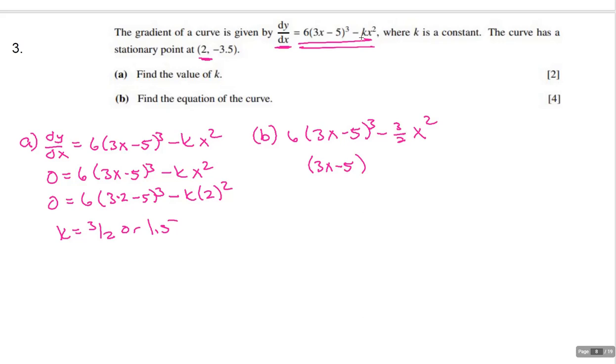Now this is going to become a 4, and then I'm going to multiply by 1/4, and this 6 is still here, but I'm going to make it 6/1. I'm also going to divide by 3, which is the same thing as multiplying by 1/3. So that is me integrating this.